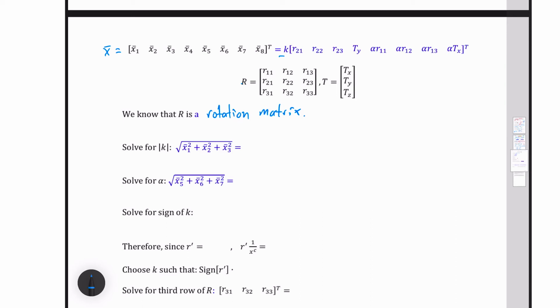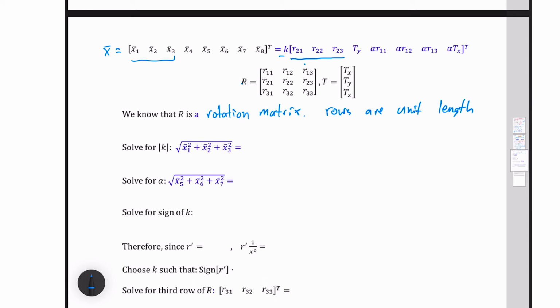One of those things is that we know the rows are unit length. So we can look at these 3 units here. They would be unit length, but what we're actually getting is them multiplied by k. That's what this thing is over here. So then we can solve for it.